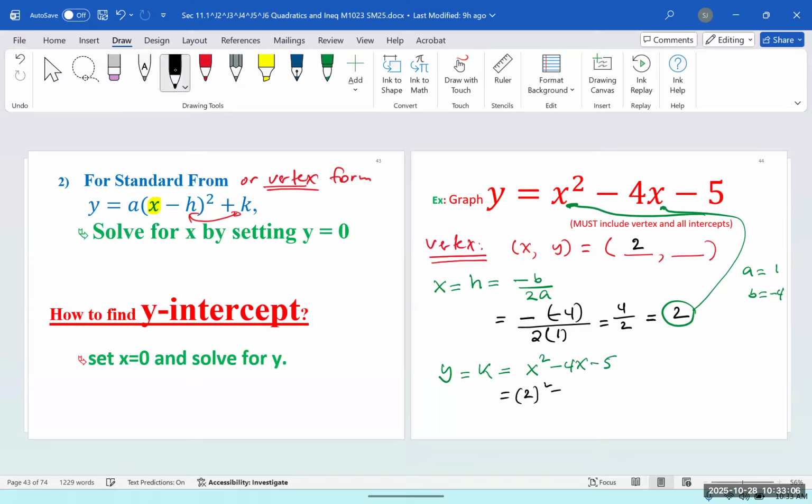So 2 squared minus 4 times 2 minus 5. And what do you get? 4 minus 8 minus 5, which is negative what? It is negative 9. 4 minus 8 will give you negative 4. Negative 4 minus 5 will give you negative 9. So your y value is negative 9.